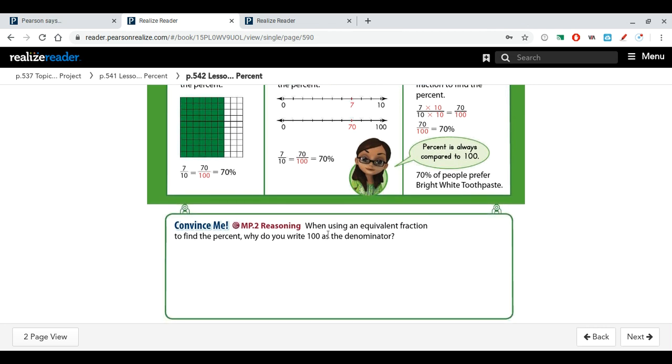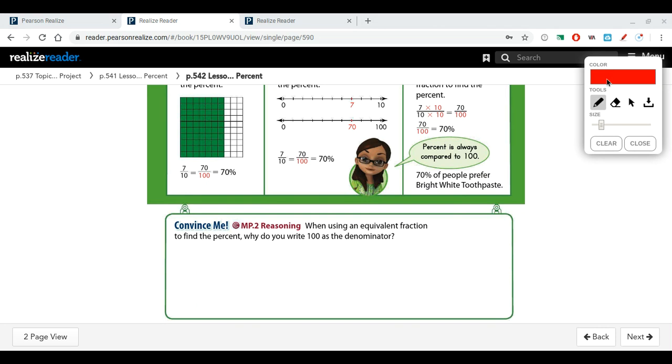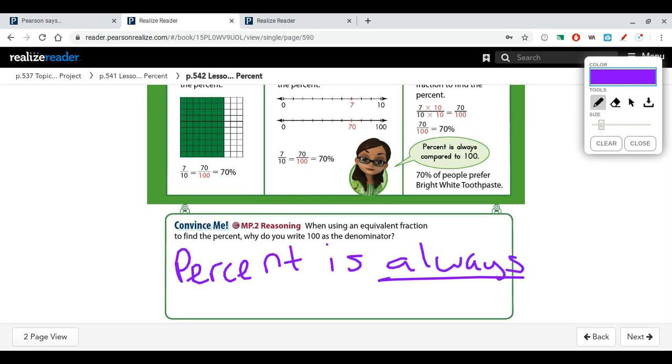Always, always, always. Percent means per 100. When using an equivalent fraction to find the percent, why do you write the 100 as a denominator? We write it as a denominator because percent is always out of 100.